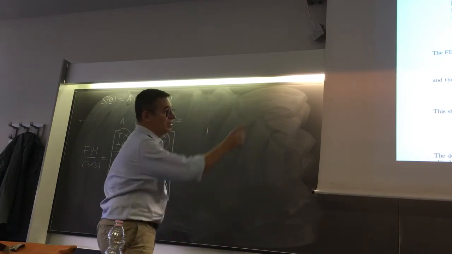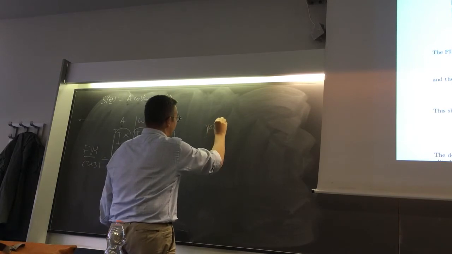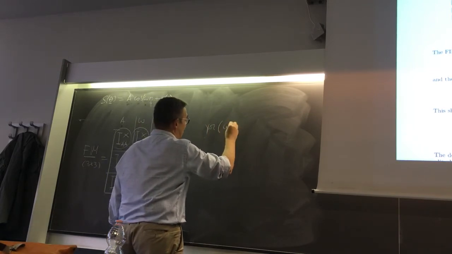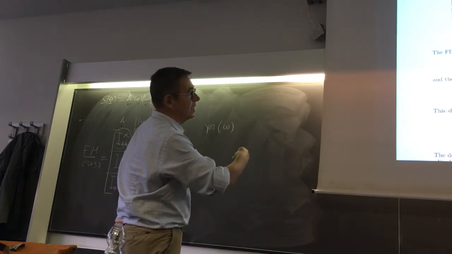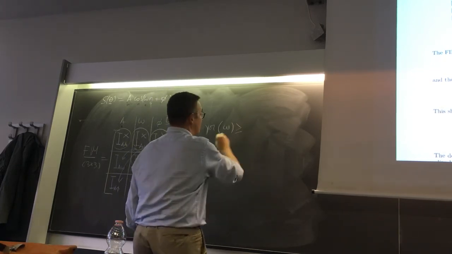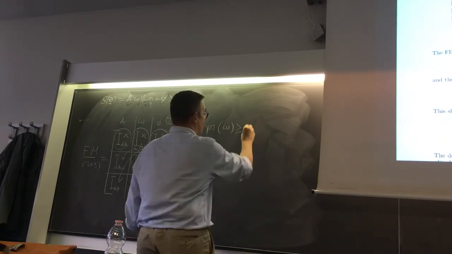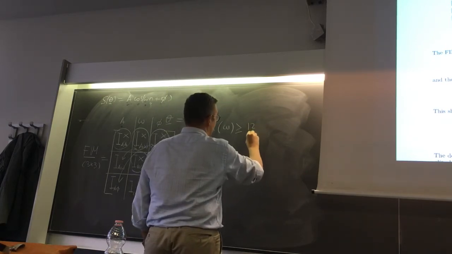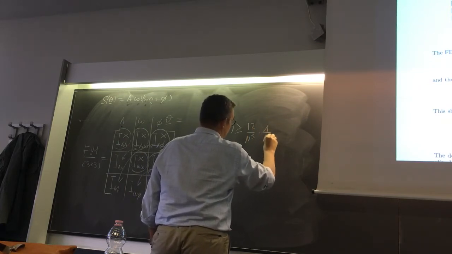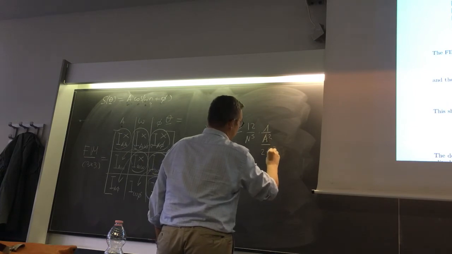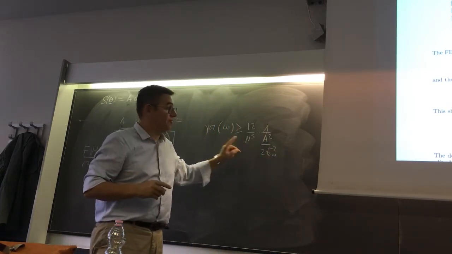Okay. Now Cramer-Rao says that the variance of omega 0 is larger than or equal to the Cramer-Rao bound, which is 2 over a squared divided by 2 times sigma. Okay. Now how much is that?